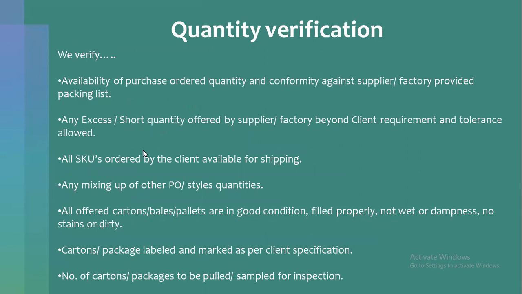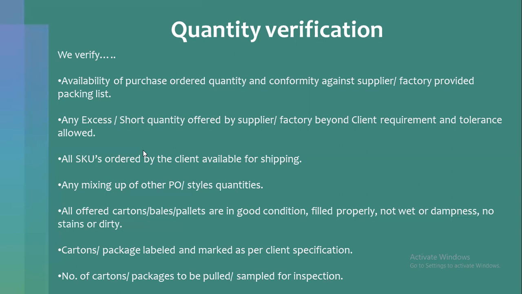What are we going to verify in quantity verification? We verify the purchase order quantity and its conformity against the supplier or factory provided packing list. Any excess or shortage quantity offered by the supplier or factory beyond the client requirement and the tolerance allowed for that particular shipment. All SKUs ordered by the client are available for shipment.